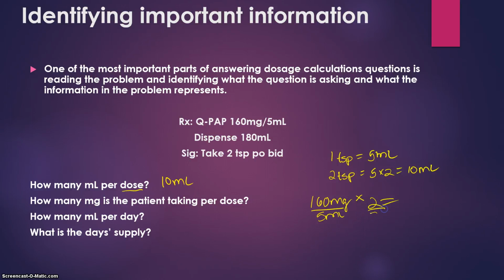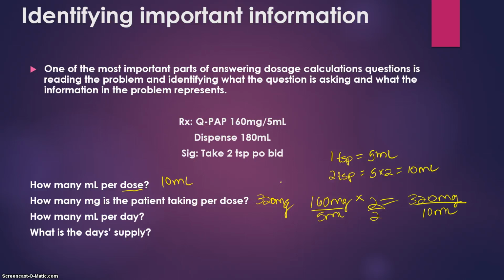So you multiply both the top and the bottom by 2. 160 milligrams times 2 is 320. And 5 ml times 2 gives you 10 ml. So what does that mean? That means that the patient, for every 10 mLs, they're getting 320 milligrams of medication. So this answer is 320 milligrams.